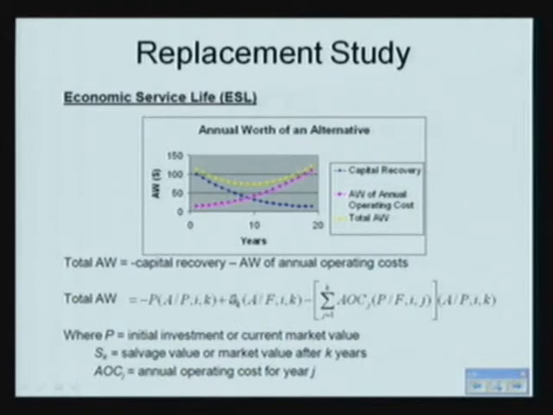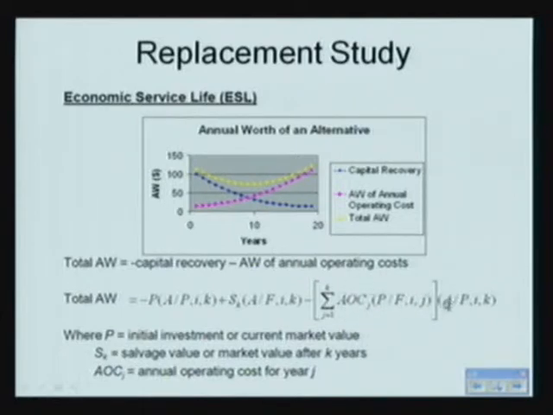So that's the capital recovery, and then the annual worth of the annual operating costs is the following. You have an operating cost each year. We'll say AOC is the operating cost each year for years 1 through k. What I'm doing here is a P given F, so I'm finding the present worth of all those. So this is the sum of the present worth of all your annual operating costs.